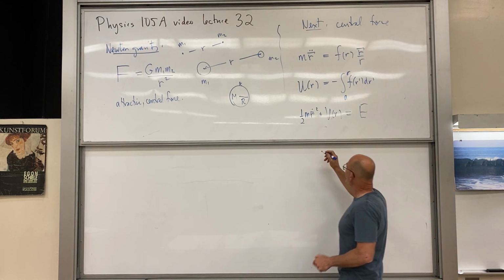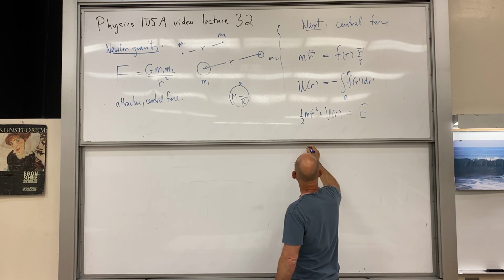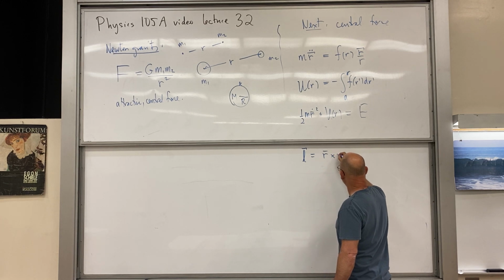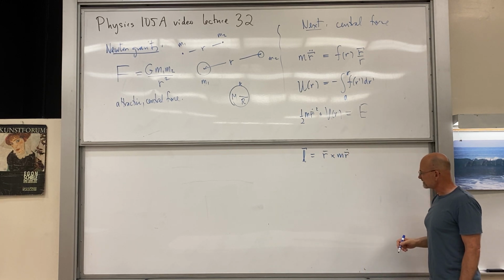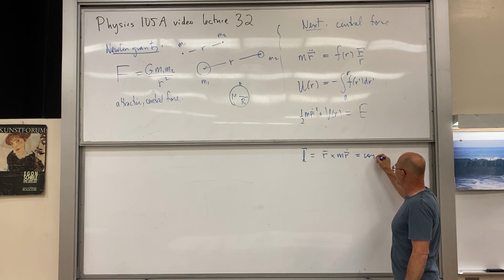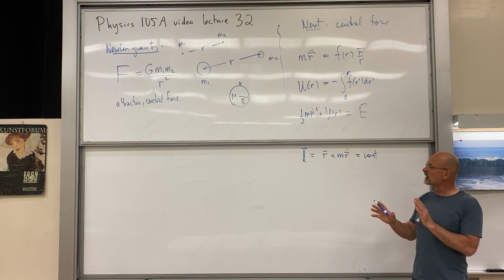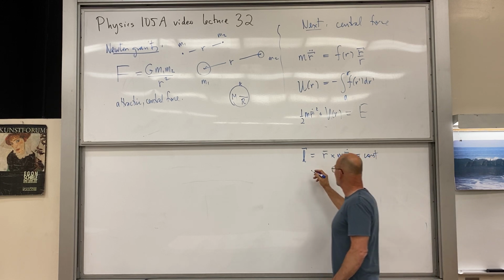So what else did we have? We had angular momentum, r cross m r dot, and it turns out that was constant. That allowed us to discuss motion in the plane and bring in plane polar coordinates.